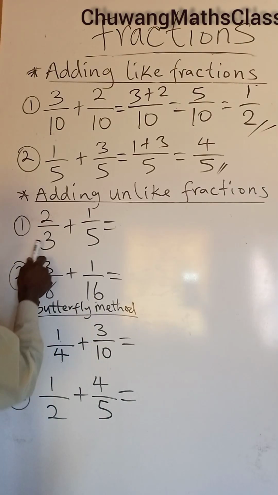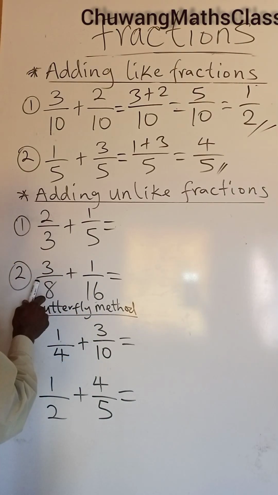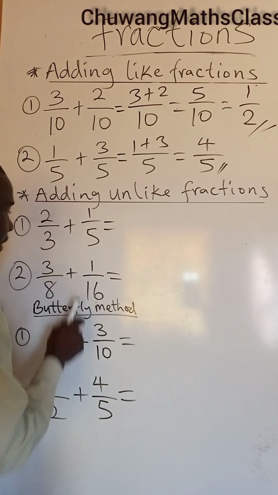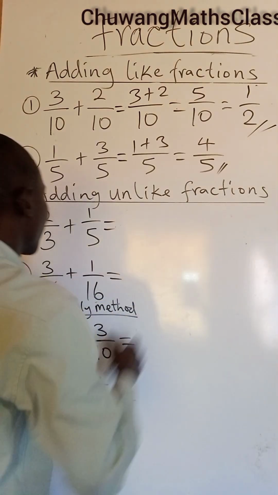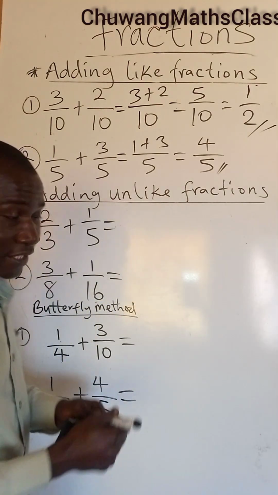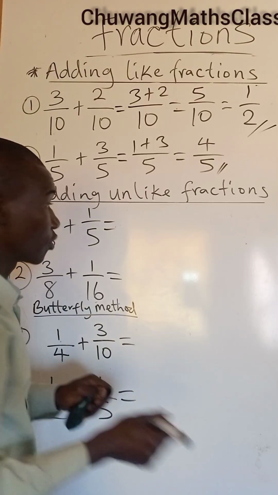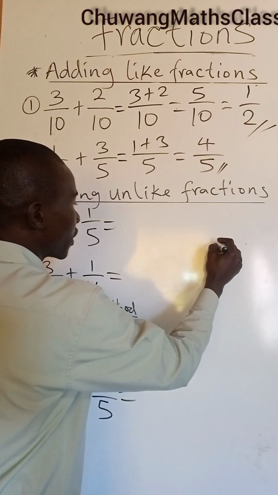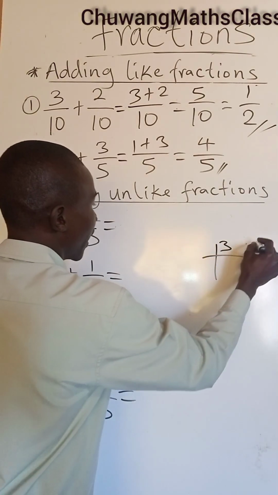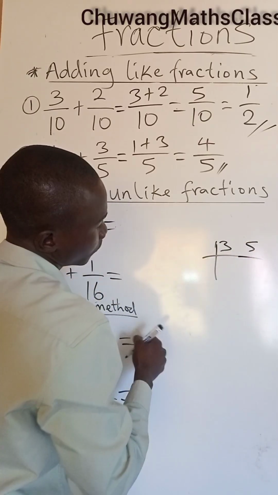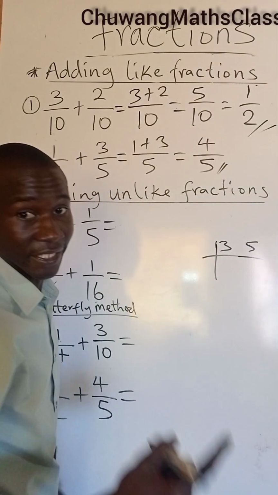Just like this. This is 3 and this is 5. You see, this is 16. This is 8 and this is 16. So in adding this type of fraction, you need to find the LCM, lowest common multiple. So we find the lowest common multiple of 3 and 5. The lowest number that can enter one of these is 3.